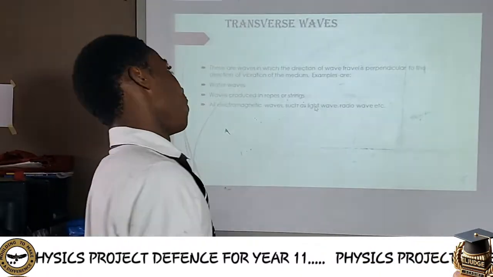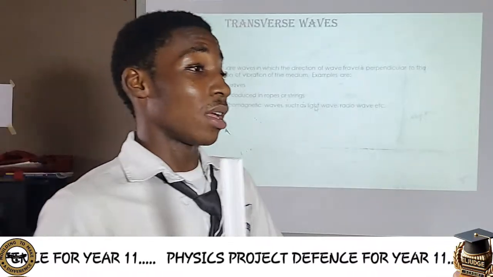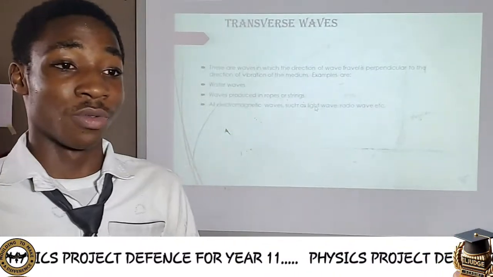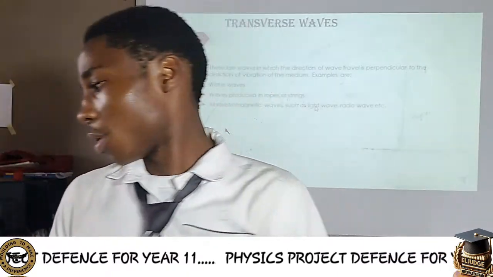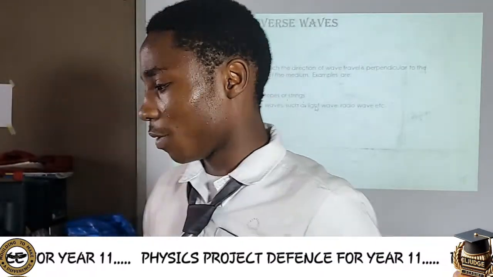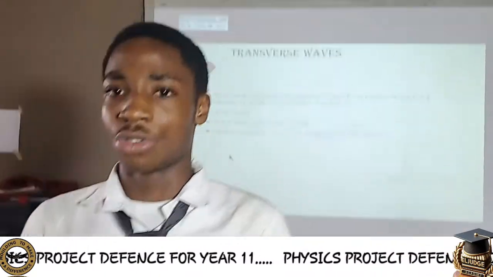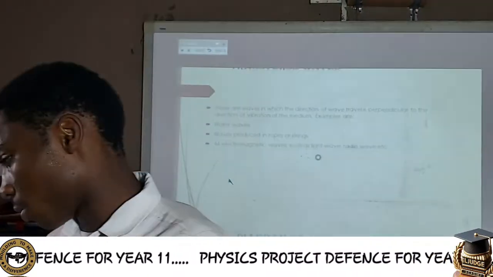Transverse waves are waves that move perpendicularly to the direction of the vibration of the wave. Examples are water waves, waves produced by a string, and electromagnetic waves.